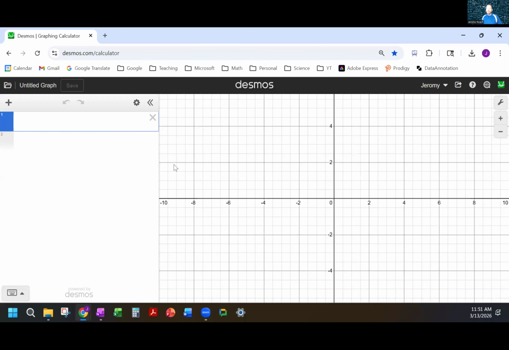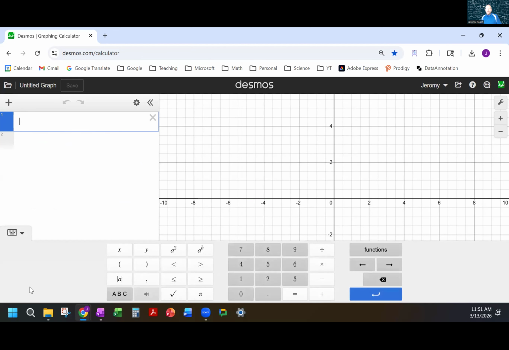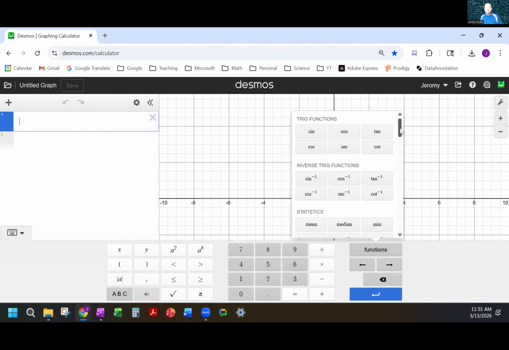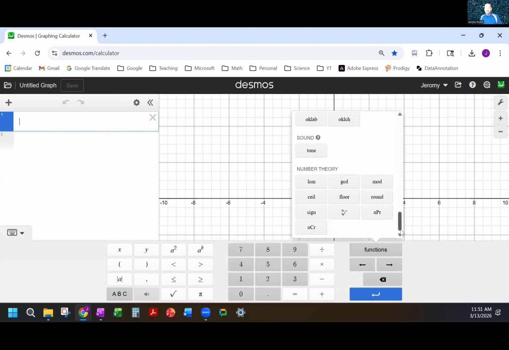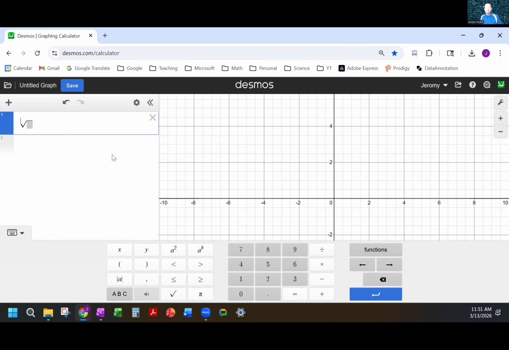Okay, so we're going to write our equation. Our first equation that it gave us was the cube root of x equals absolute value of x minus 2 minus 1. I'm going to show you what happens when you write it exactly the way it gives you the equation, because you're going to get an error.